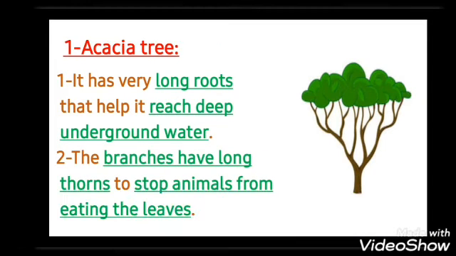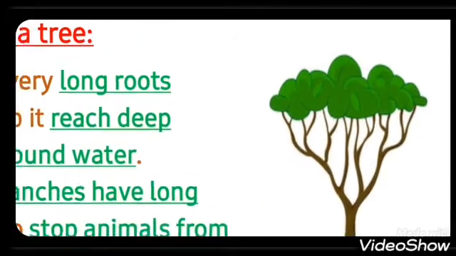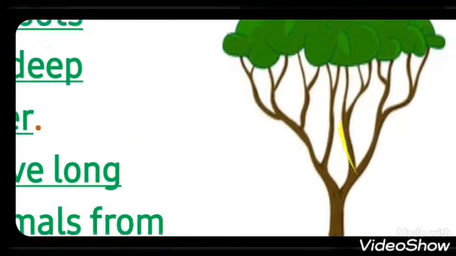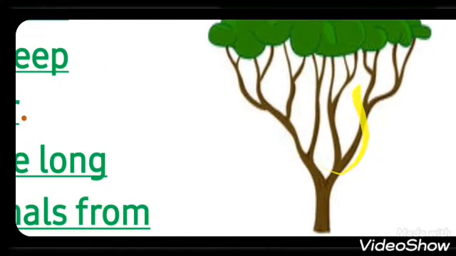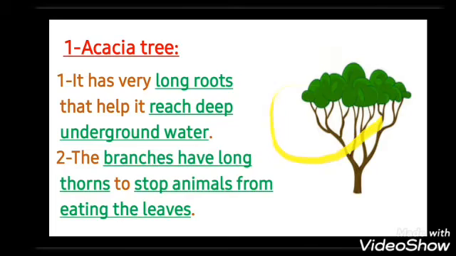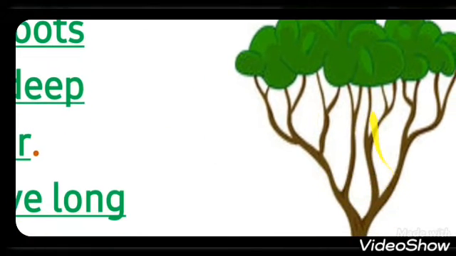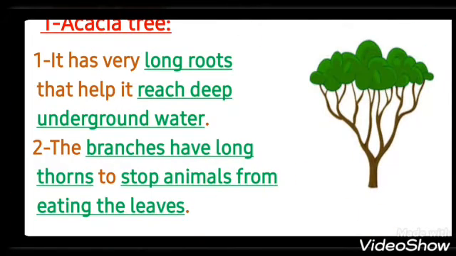Number 2, the branches have long thorns. The branches, this part. The branches here have long thorns to stop animals from eating the leaves. Okay?